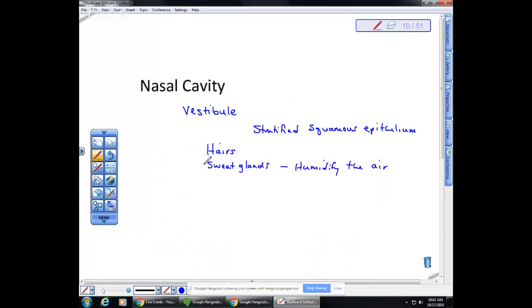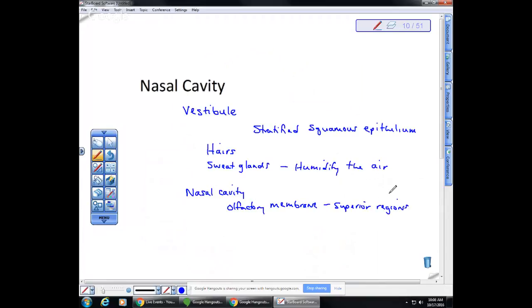Okay, so if we look inside the nasal cavity, we have the olfactory membrane. Remember that the olfactory membrane is in the superior regions.